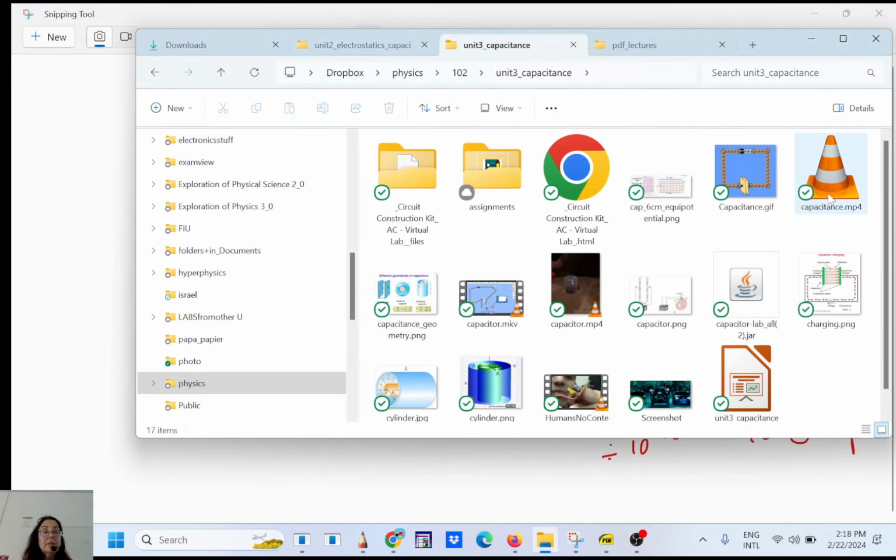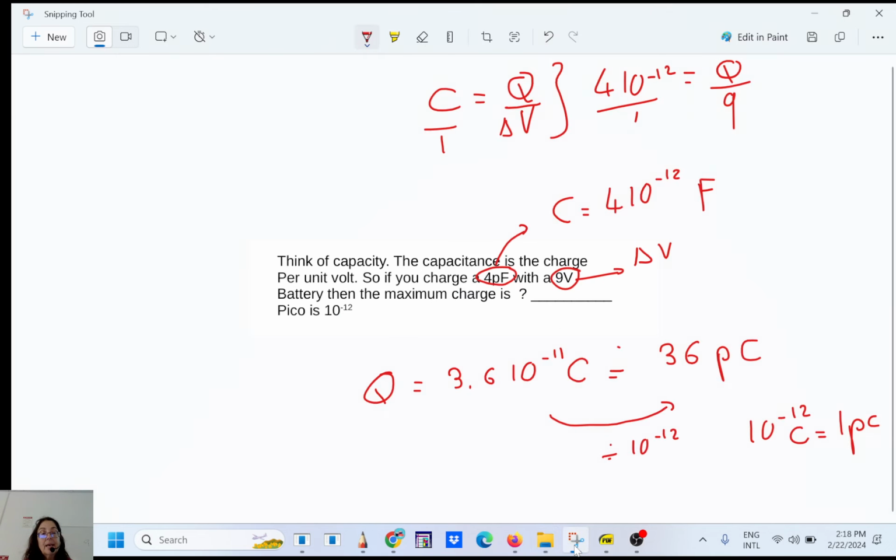I want to convert that to pico. 1 pico is 10 to the negative 12. So I divide by 10 to the negative 12 to see how many picos go into it.